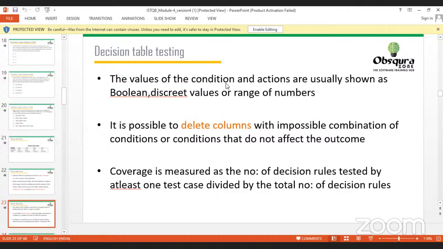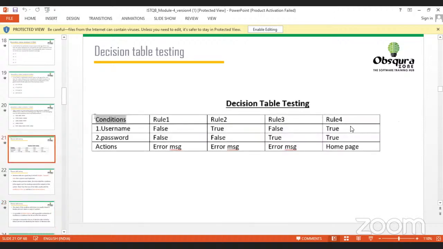If you think that this is not a valid test case, then you can delete that column. Now, coverage is measured as the number of decision rules tested by at least one test case divided by the total number of decision rules. So here we have 4 rules, out of which we have tested only 2 rules. So what will be the coverage?